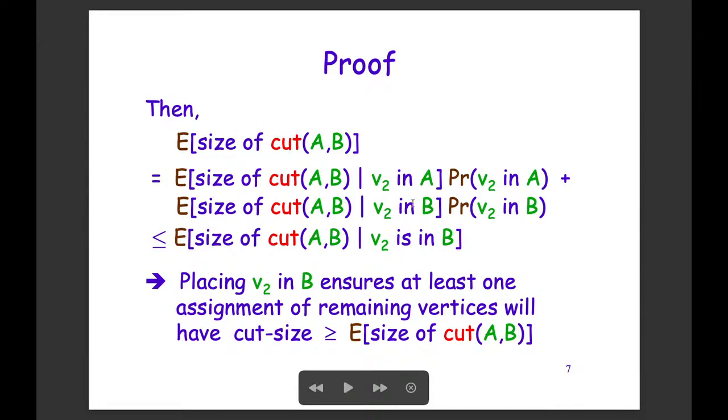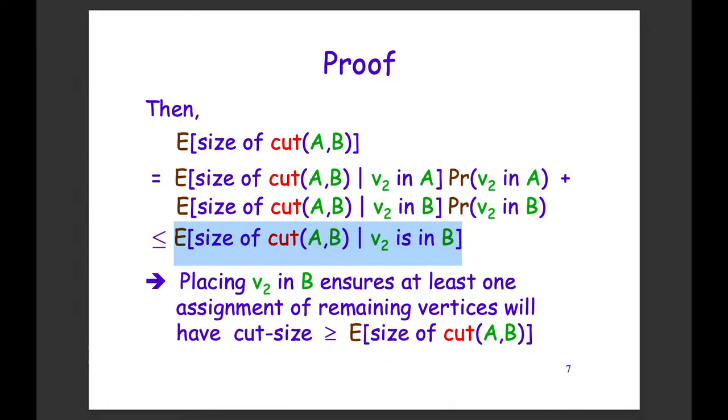Suppose that this one is larger. Then the first expected term is less than or equal to the second expected term, so we can change everything to the second expected term. So it is less than or equal to the expectation of the second term multiplied by the probabilities that sum up to 1. So this is a true idea.